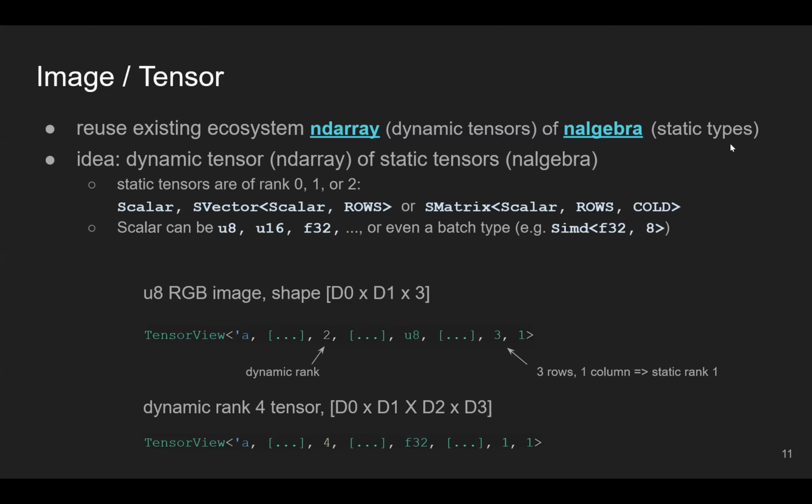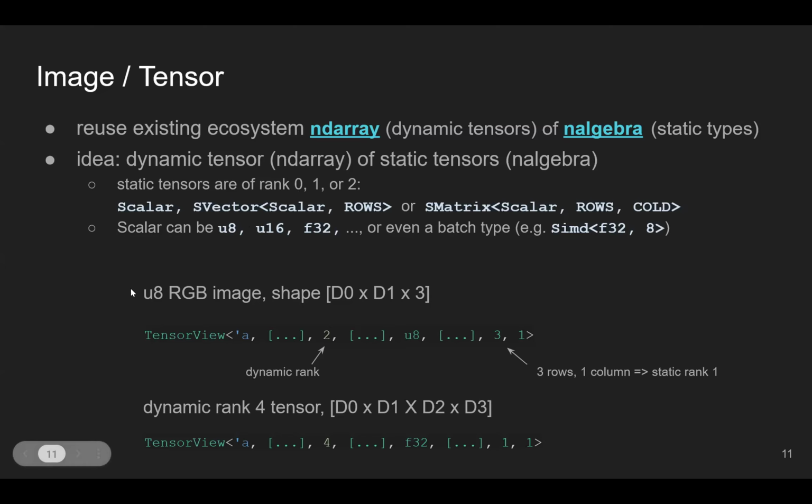So the idea is to have a type which is a dynamic tensor of static tensors. Static tensors can be of rank 0, 1, or 2: scalar, vector, or matrix. And the scalar can be a primitive, U8, U16, F32, or even a batch type, right? And then you have an ndarray of that, right?